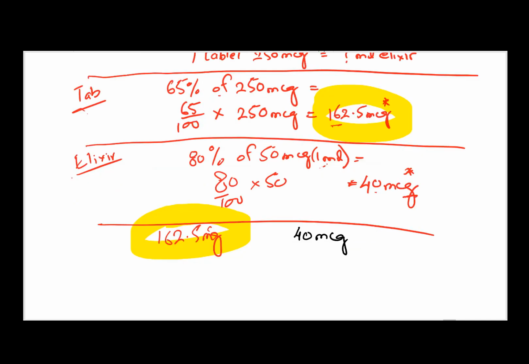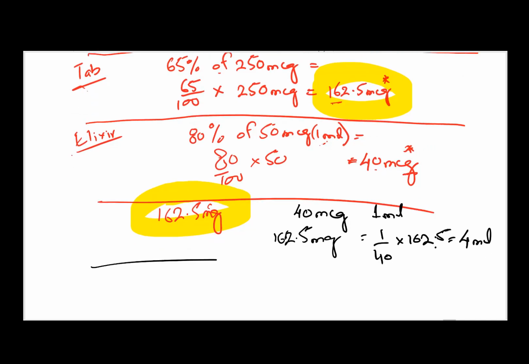If 40 mcg for elixir comes from 1 milliliter, in order to give 162.5 mcg, I will give this. Very good, 4 milliliters. So in other words, 250 mcg tablet is equivalent to 4 milliliters of the elixir.